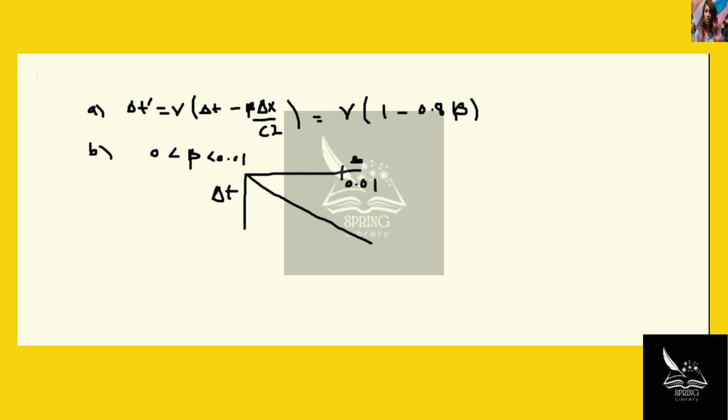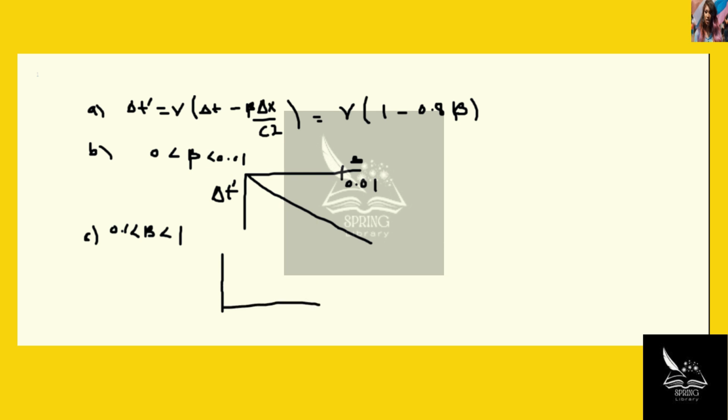We'll go down, and here we have delta t dash. In part C, we are asked to plot for beta values less than 1 and greater than 0.1. So we will plot the graph here.